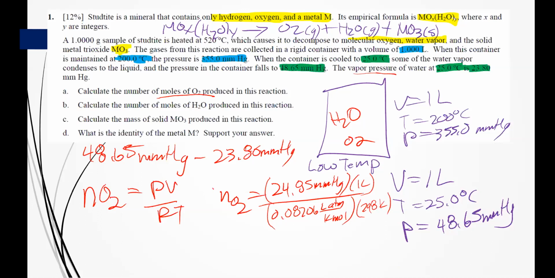So I'm going to take that, I'm going to divide by 760 to turn that into my atmospheres. And so this becomes 0.0326 atmospheres. So I'm going to multiply that by 1 liter.